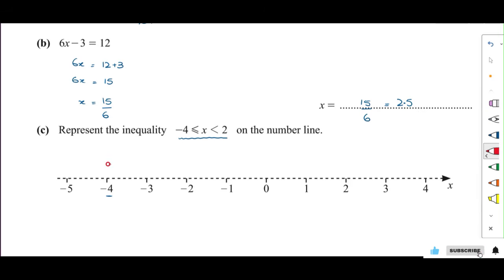Move towards the point 2, where you have just an open circle. Because -4 is included and 2 is not included, this is how we represent the inequality on the number line.